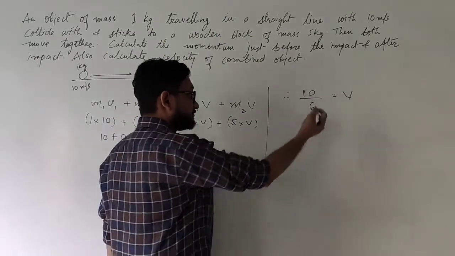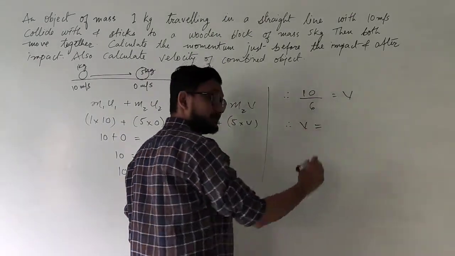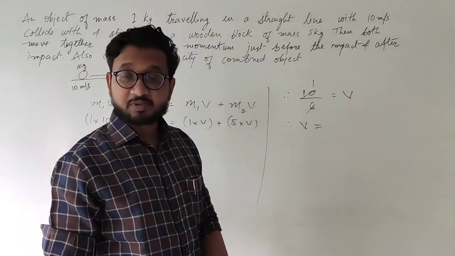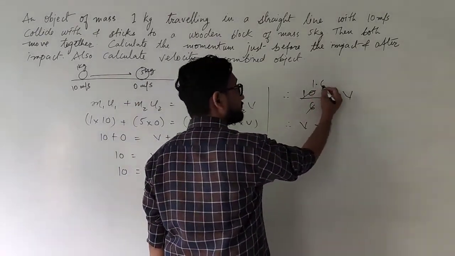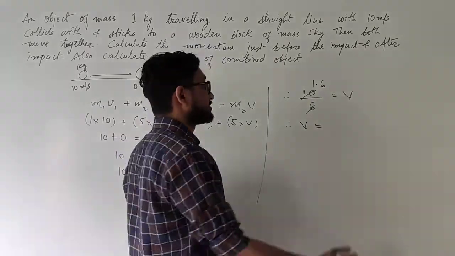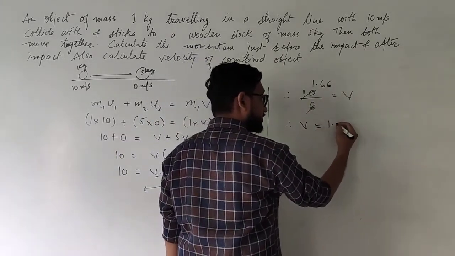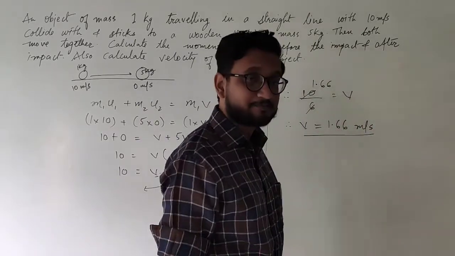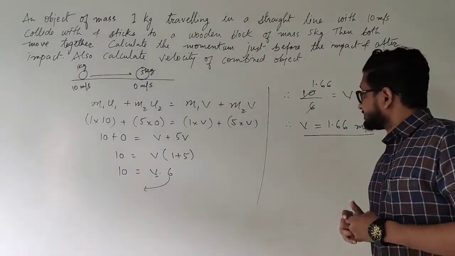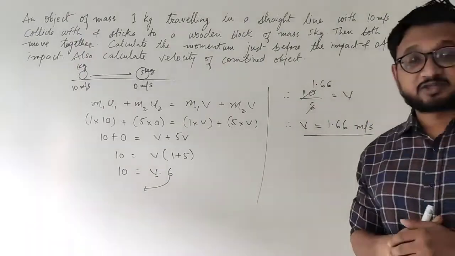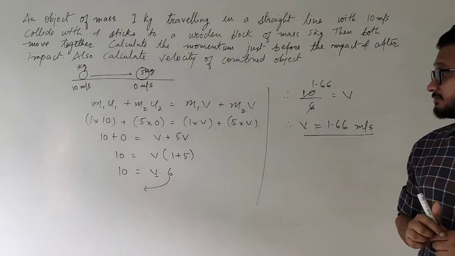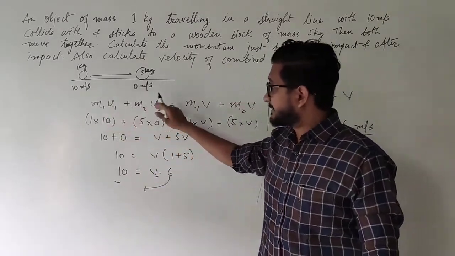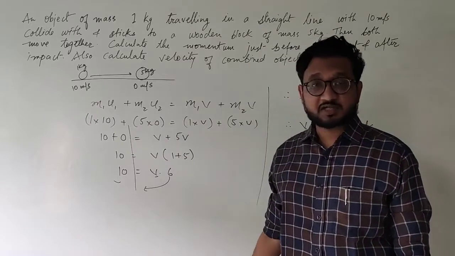Solving this, we all know the table of 6: 6 into 1 is 6, 4 is remaining, then 6 into 6 is 36, once again 4 is remaining. So this will go on, so the velocity is 1.66 meters per second. This is how we are supposed to solve the numerical. Now, what is the momentum before the collision? m1u1 plus m2u2. So this side is the initial momentum.